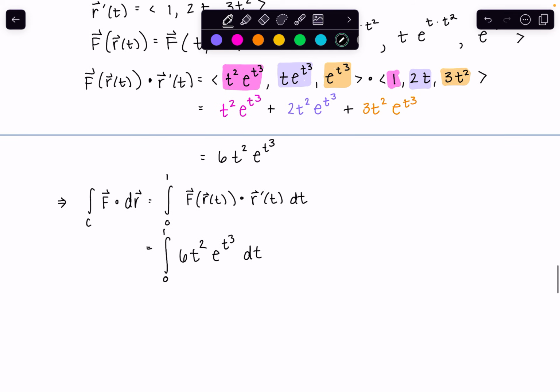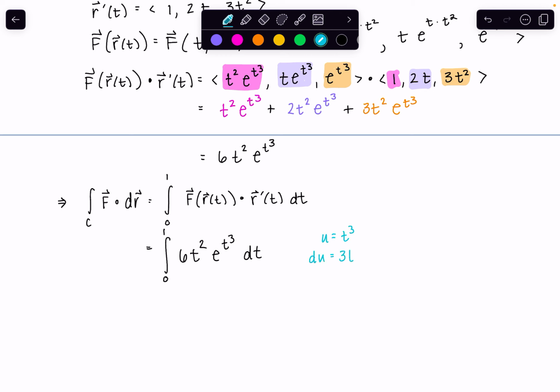This is just a u-sub problem: we'll let u equal t to the third, so du is 3t squared dt. You can separate the 6 so it has the 3, but you can also just move the 1/3 over and then do the division with the fractions.